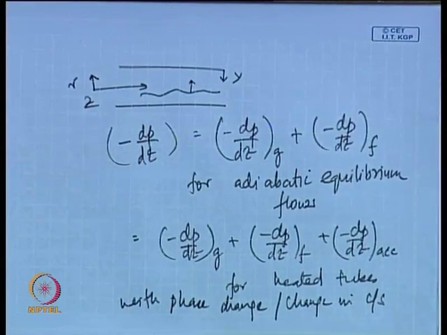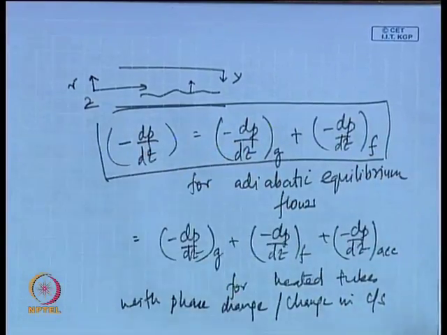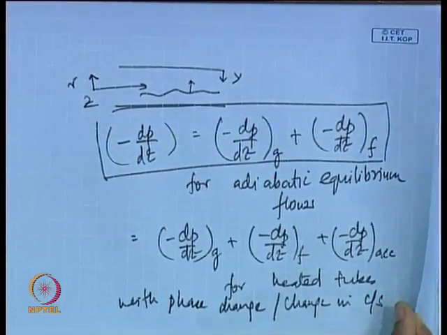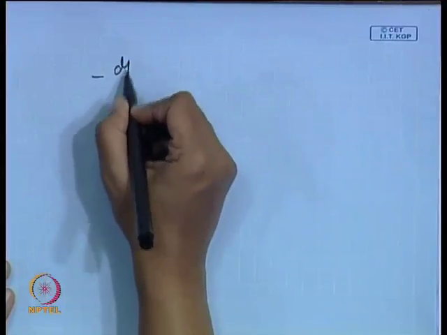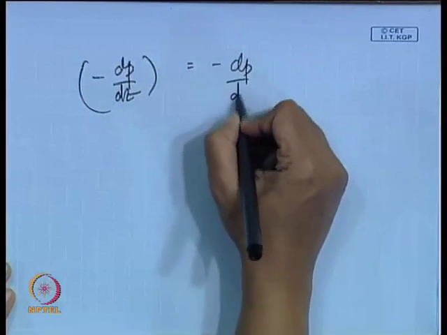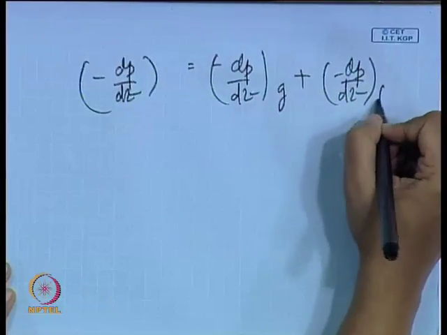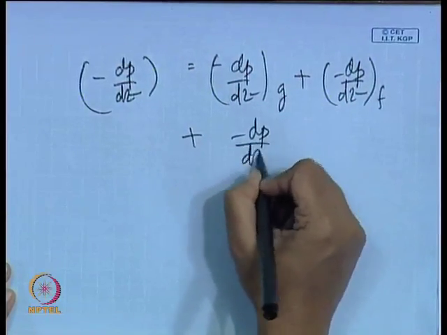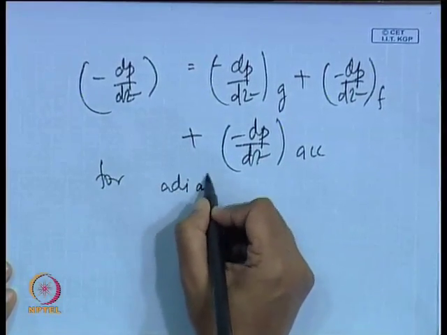But under normal circumstances, for flow in pipes, for adiabatic equilibrium conditions, for single phase flow situations, this is the expression of the pressure gradient. And for two phase flow, whether it is adiabatic equilibrium or accompanied by heat transfer, the expression of pressure gradient always comprises the three components, for all circumstances.